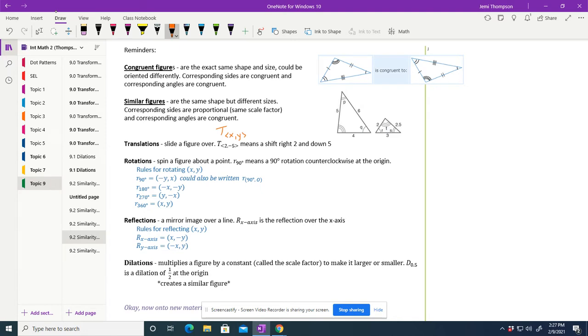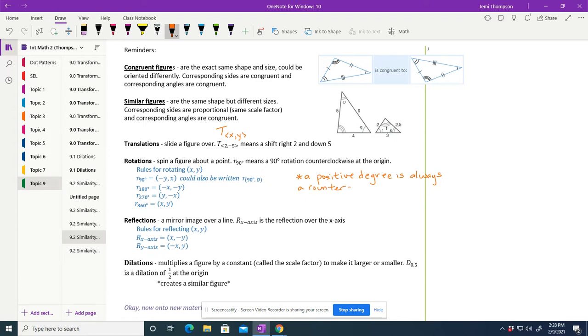A rotation is going to be when I spin a figure about a point. Now for this class, for this year, we are only doing rotations about the center of rotation at the origin. Thing to note here is that a positive rotation, a positive degree, is always a counterclockwise rotation as a rule.